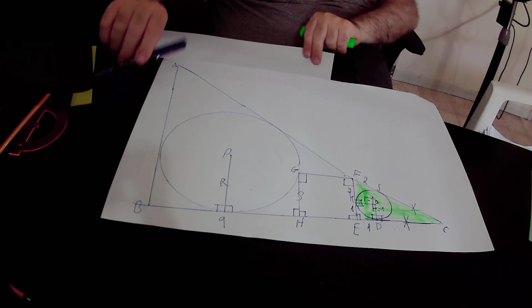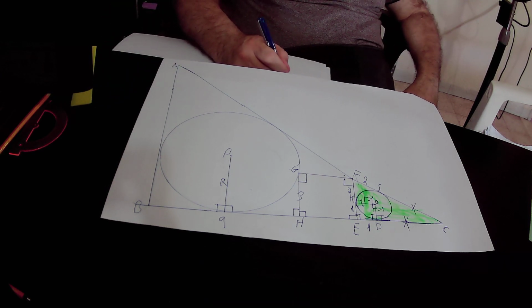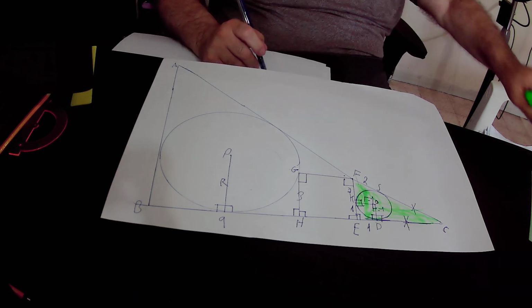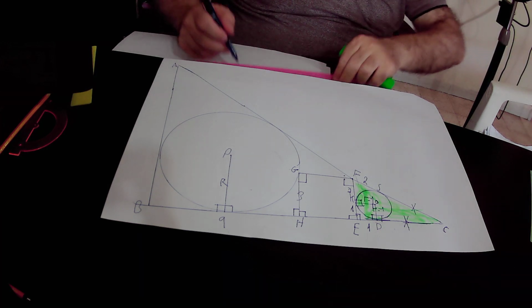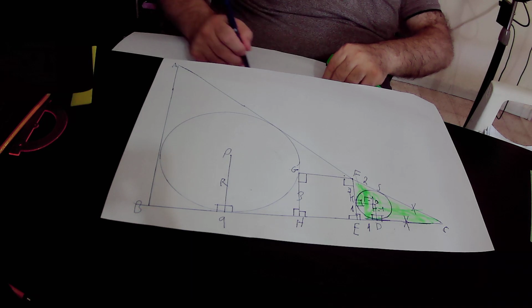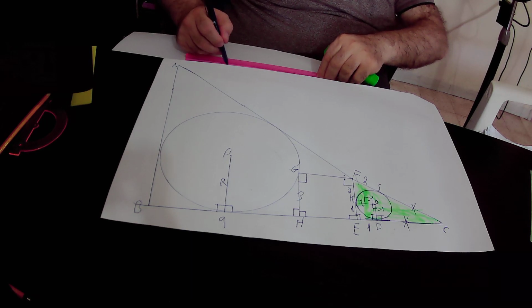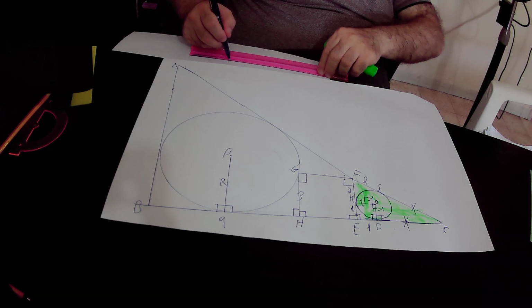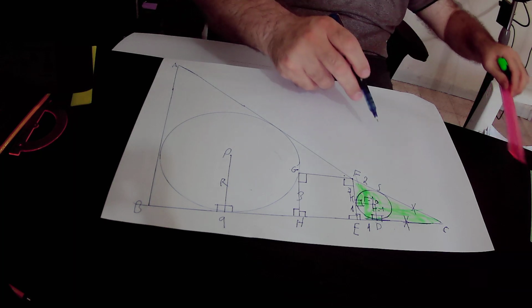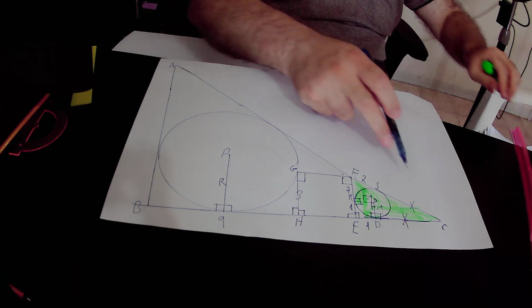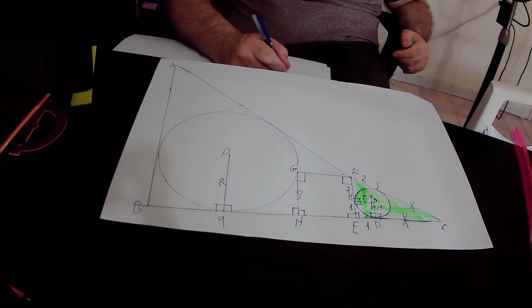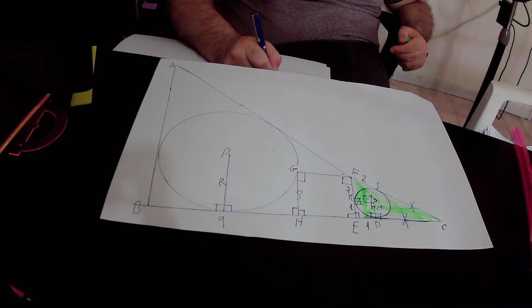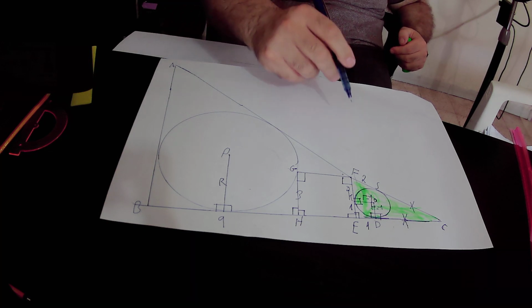So here the hypotenuse FC is equal to 2 plus x, therefore the square of the hypotenuse is (2 plus x) squared, and it is equal to FE squared.